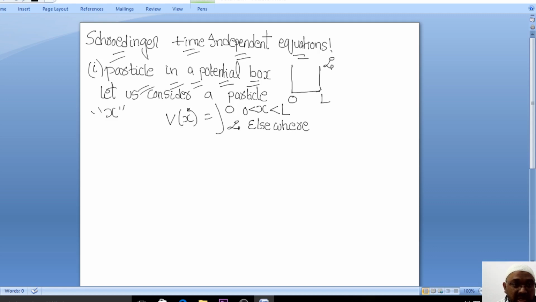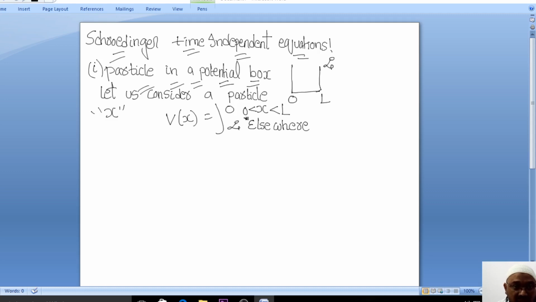So we are considering a particle in a potential box, and that particle may be x. The potential of the particle will be 0 when the particle is lying between the initial limit 0 and the final limit L. And the potential of this particle, V of x, will be infinity elsewhere, which may be below the initial value 0 or above the value L. That is the meaning of these two boundary conditions.